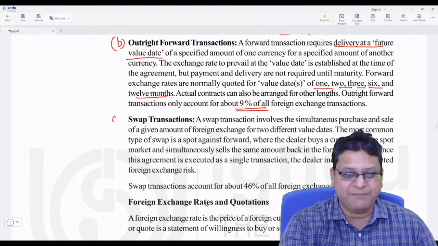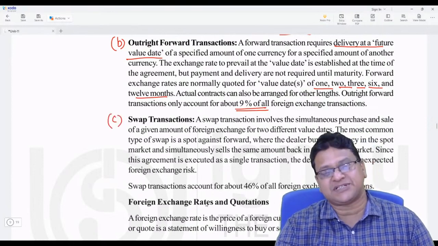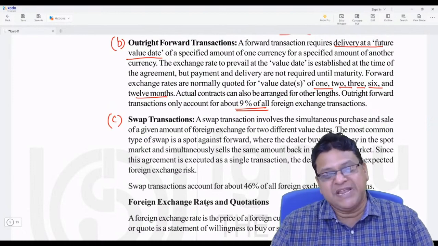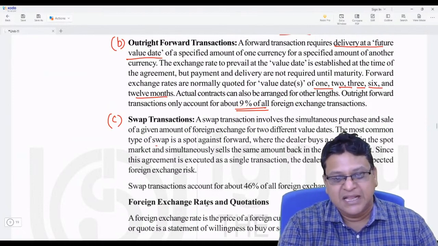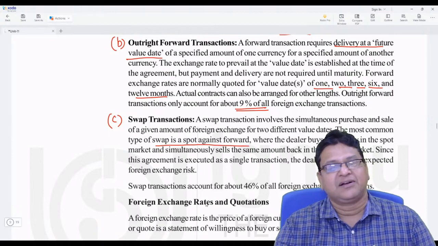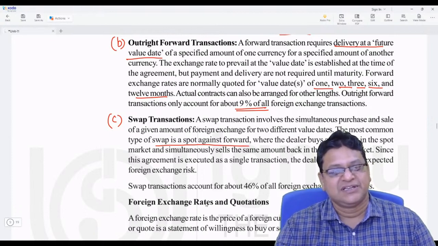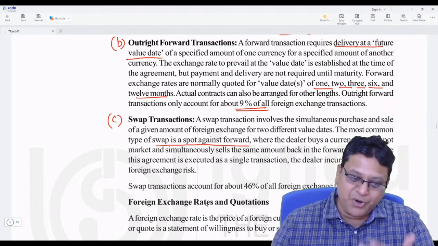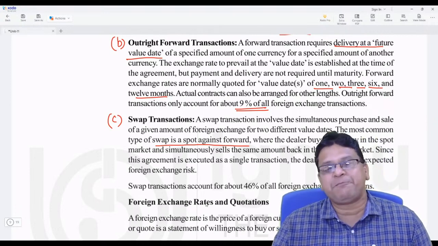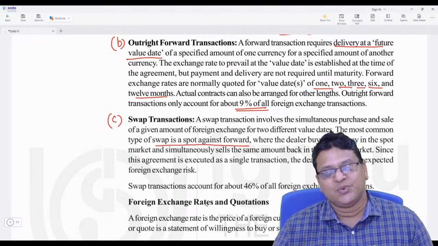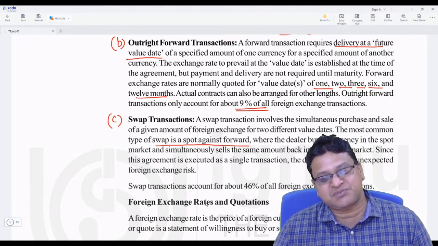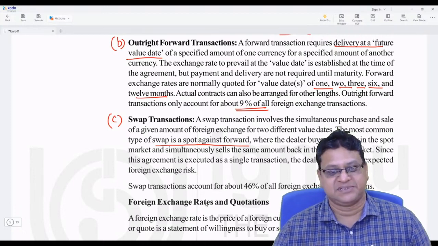Another is the swap transaction. What is a swap transaction? Swap is a string of forward contracts. Many forward contracts combined together constitute swap transactions. So it's a bundle of forward transactions where parties agree to exchange two streams of cash flow between themselves.